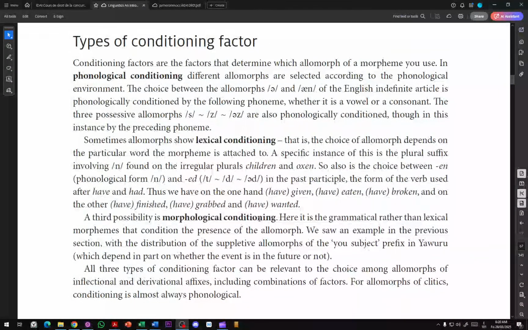Here it is the grammatical rather than lexical morphemes that condition the presence of the allomorph. We saw an example in the previous section with the distribution of the suppletive allomorphs of the subject prefix in Yawuru, which depend in part on whether the event is in the future or not.